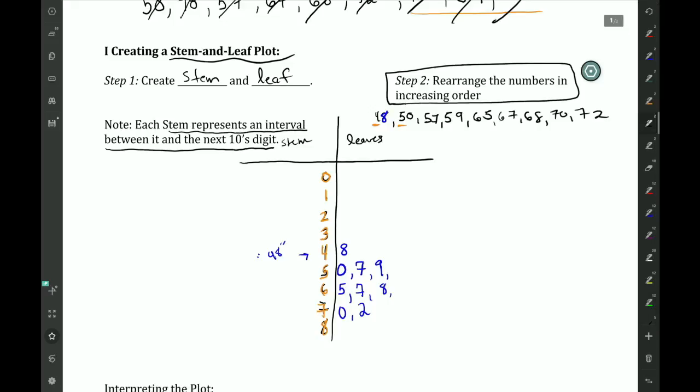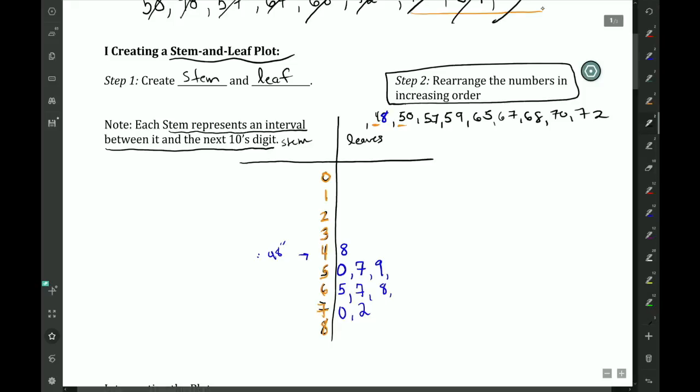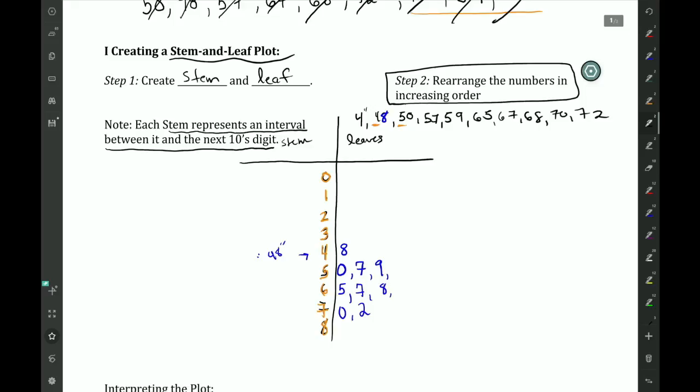Now let's say, hypothetically speaking, we have just another height. I know it's not realistic, but let's say there's a height of 4 inches. It's the height of the class gerbil or guinea pig or something. I wish we had one of those. That'd be cool.